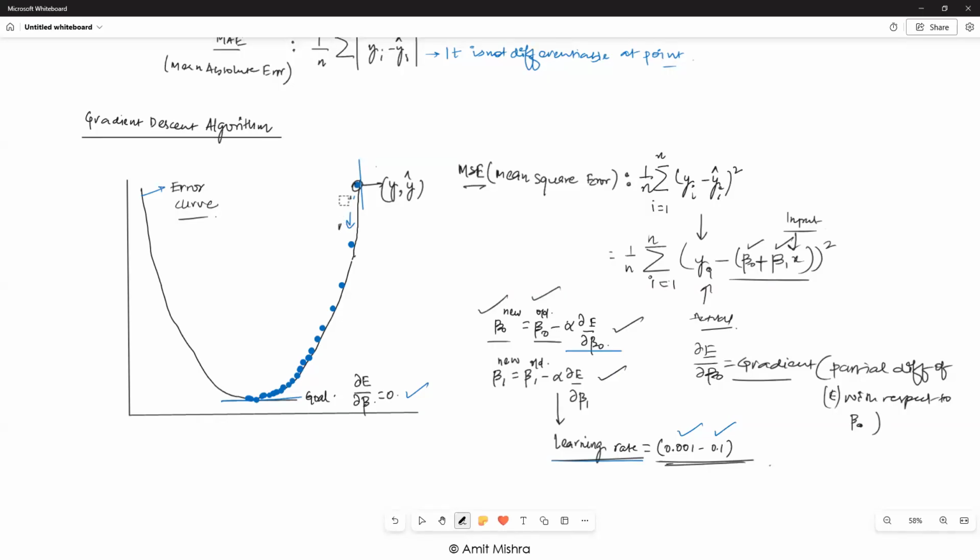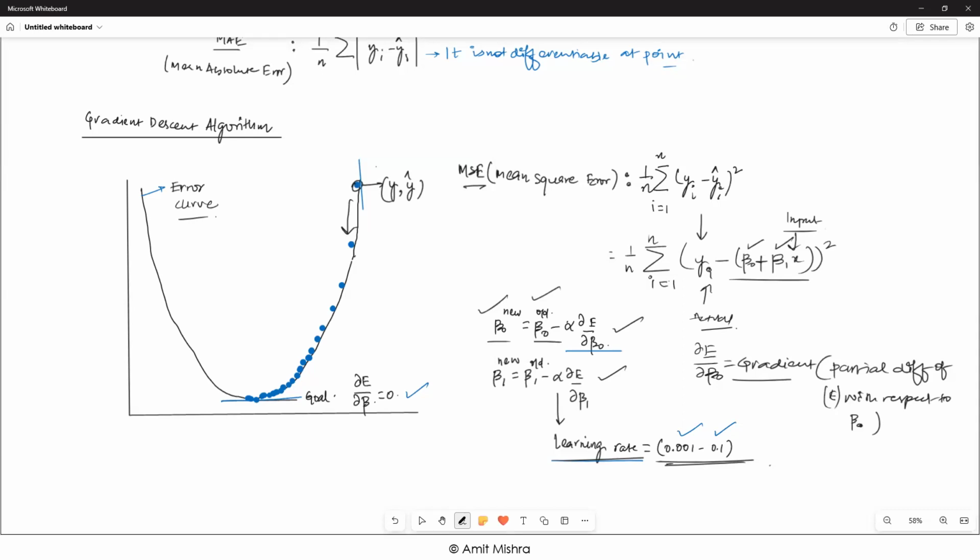When the gap is large between actual value and predicted value, there will be a steep drop in the error. At every point, it is trying to find the tangent to the surface. Why tangent? Because partial differentiation is nothing but a tangent to the surface actually. This is known as tangent to the surface.